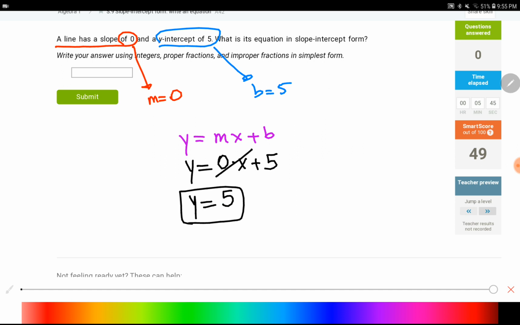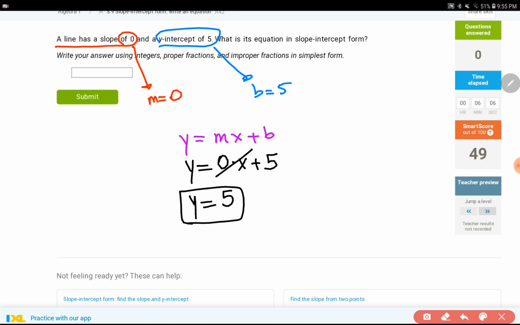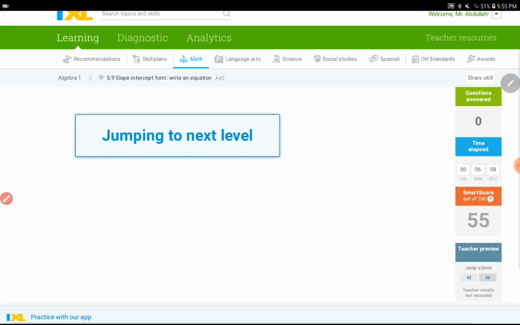There is actually, and that number is 0. That's the only reason we don't see any x over here. So, this might be a little trickier than the other questions because of the 0 slope. Other than that, it's the same. Write down the equation, slope-intercept form y equals mx plus b, and then plug in the numbers that you ended up with. So let's see the next level.